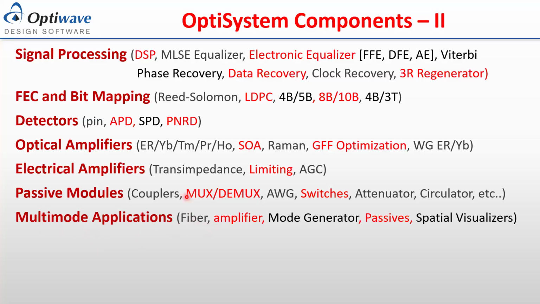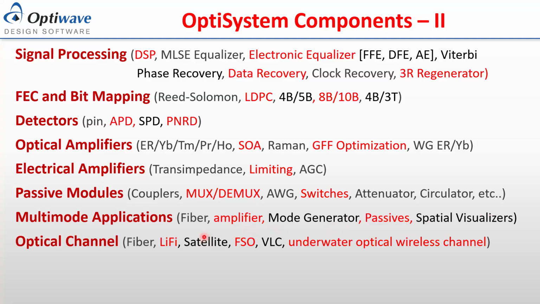Multimode applications, we have different models for multimode fibers, multimode amplifiers for erbium-doped multimode or ytterbium multimode fiber. There are mode generators, with which you can generate modes after, let's say, CW lasers. Then you have passive components, which support the multimode application. There are spatial visualizers, with which you can demultiplex the multimodes and evaluate each mode separately.